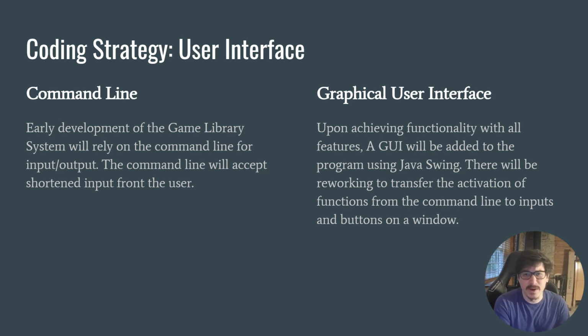After that, we're going to move on to a graphical user interface. For that, I'm going to be using Java Swing, just because it's built into Java. This one is not a very complex project, so I think that it'll do fine, even though, of course, Swing is more manual.